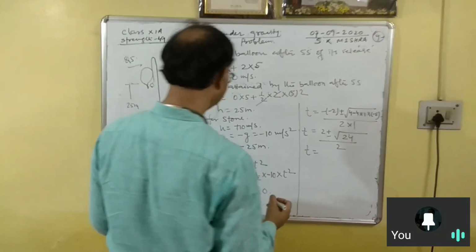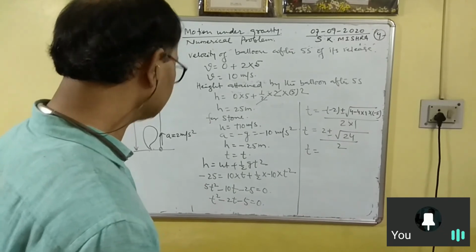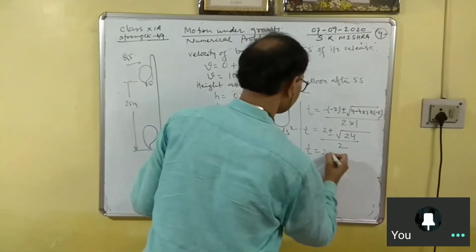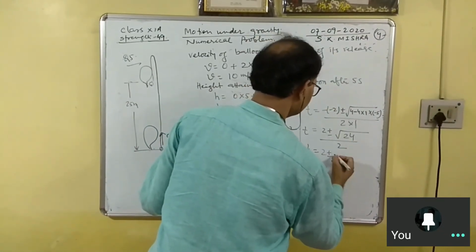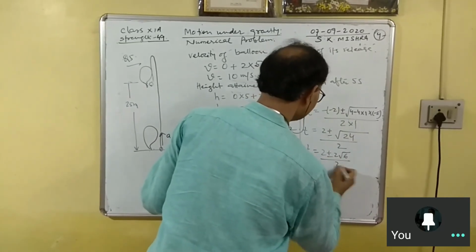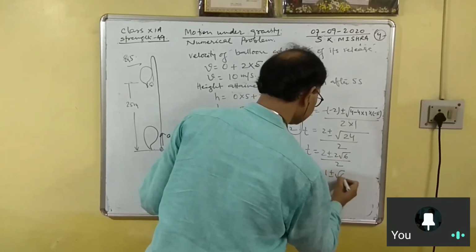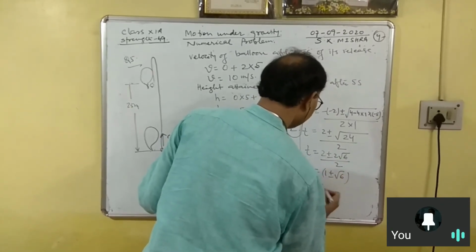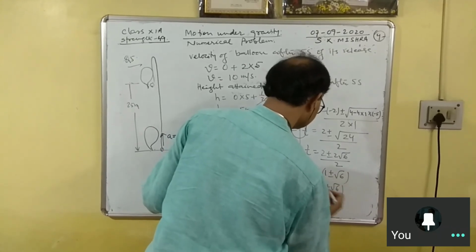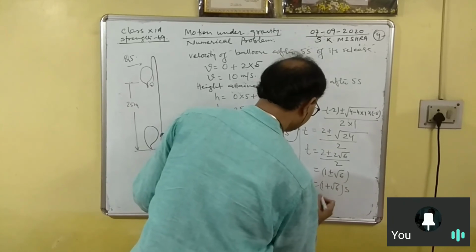So t is equal to 2 root 6 over 2, since root 24 is 2 root 6. So you can cancel 2, 2, 2. So 1 plus minus root 6. Taking only the positive value, in seconds.